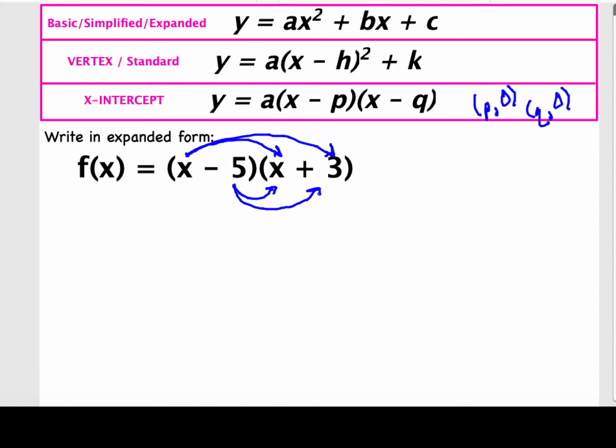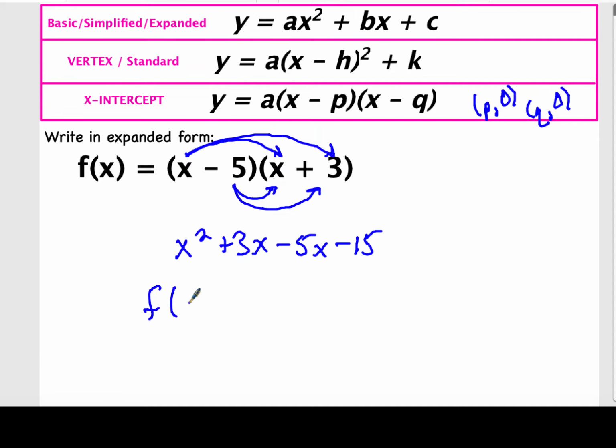So to find expanded form from intercept form, to convert back and forth, what we would need to do is, again, simply FOIL. x times x being x², x times positive 3 being a 3x. In the middle, we get a −5x. And then at the end, −5 times 3 is −15.